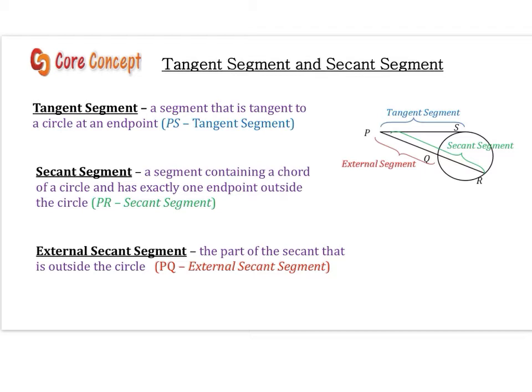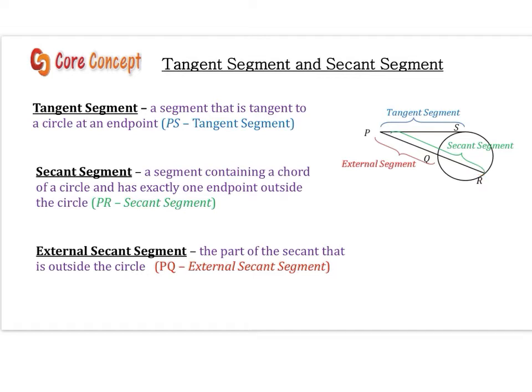And then a secant segment, which is a segment containing a chord of a circle and has exactly one endpoint outside the circle. So we have P to R, the full length is a secant. Remember, a secant intersects a circle twice, in this case at point Q and point R. So part of the secant is on the exterior and part of it is the chord inside the circle.